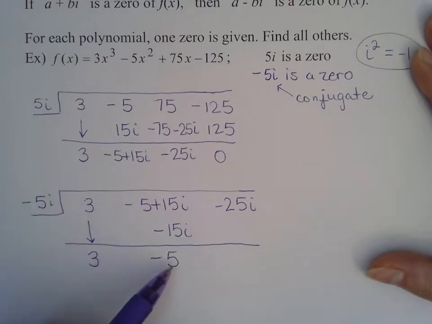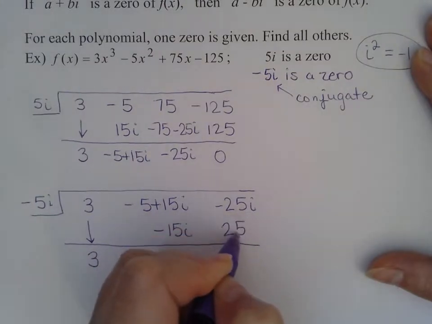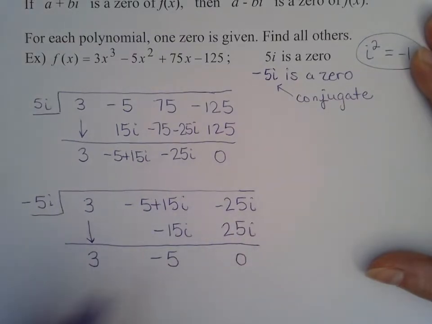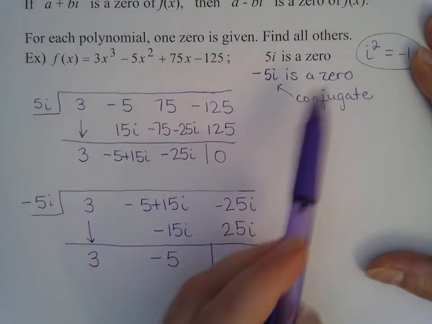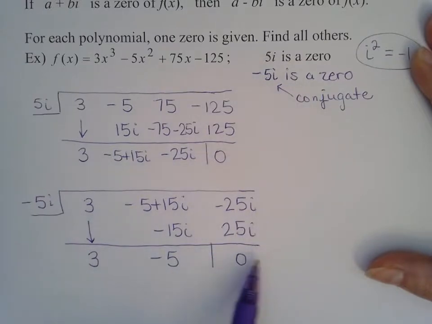Negative 5i times negative 5 will be positive 25i. And when I add down, I get 0. Okay, and again, because of the conjugate zeros theorem, we knew that this was true, and our synthetic division proves that because the remainder theorem says that it will be a 0 if I get 0 for my remainder, and I did.